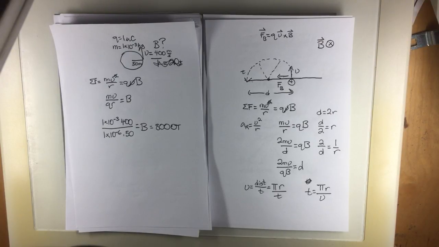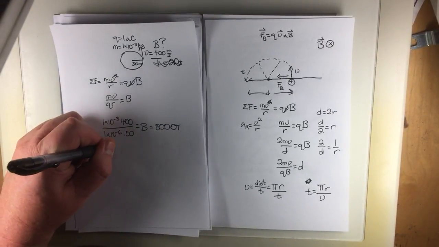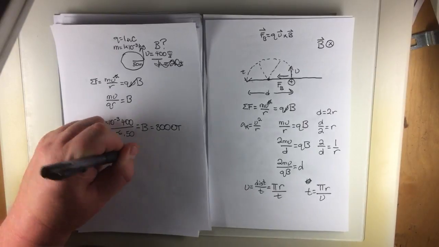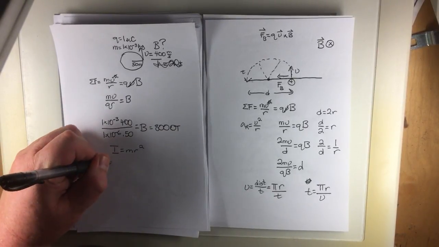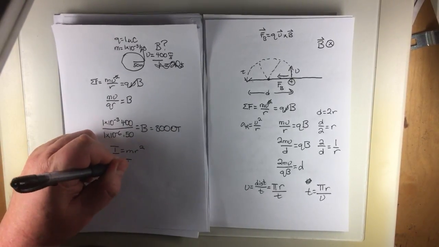So know your basic circular motion. Now, the particle won't accelerate. Oh my goodness, accelerating charges in a magnetic field? No, it won't do that. But what you do have to notice is that the moment of inertia of a particle in a magnetic field is mr squared. Know that angular momentum is I omega.